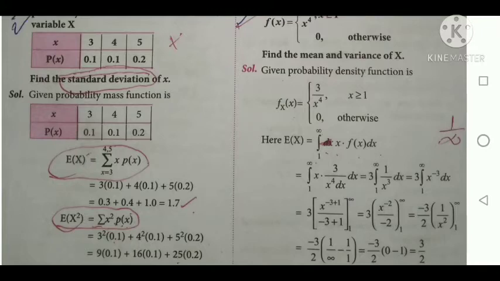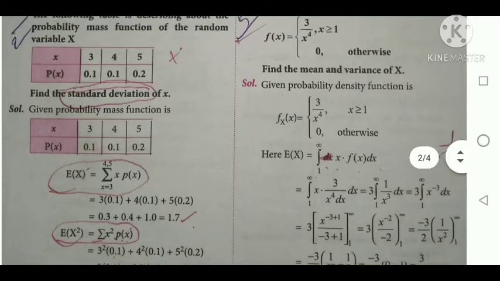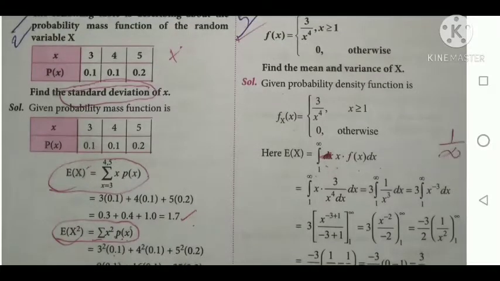Now, in order to find the variance or standard deviation, we have to find the value of E of x square. So, sigma of x square p of x is nothing but squaring the x terms. Here the x terms are 3, 4, 5. Okay. So, first 3 square into 0.1, that is p of x.